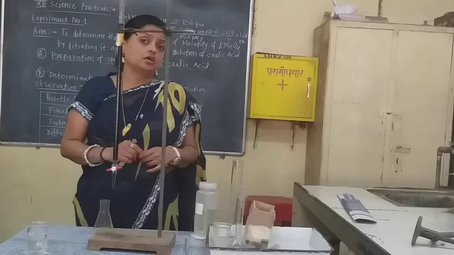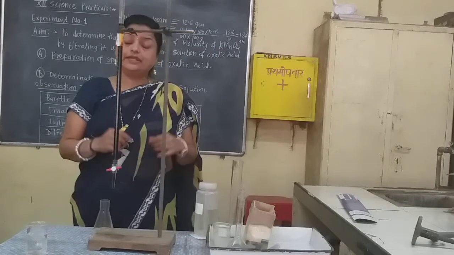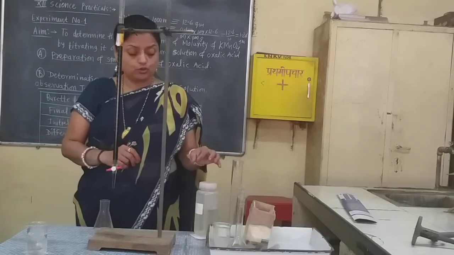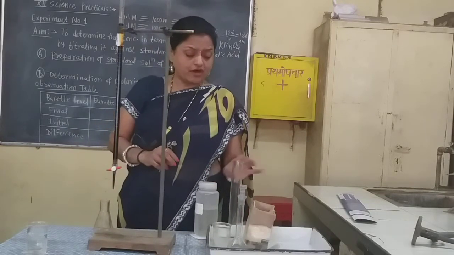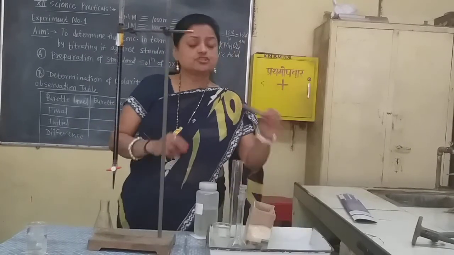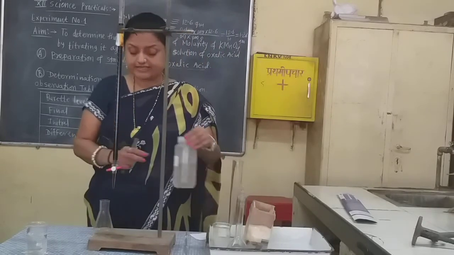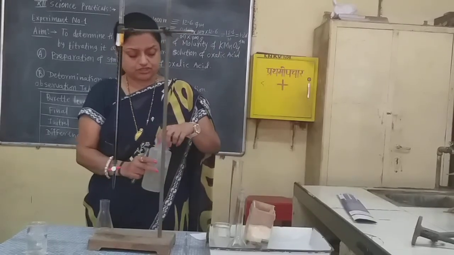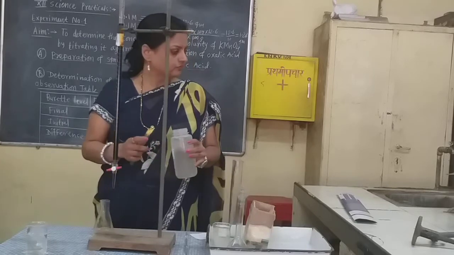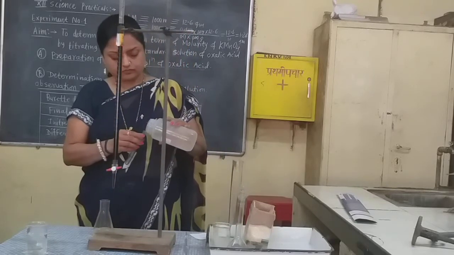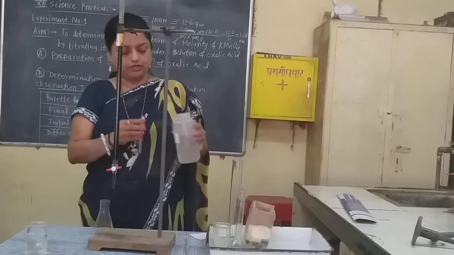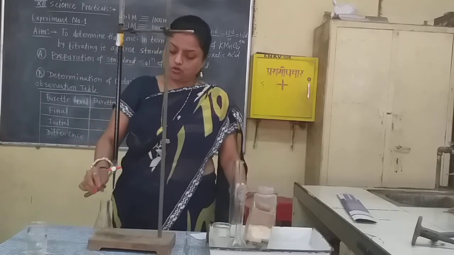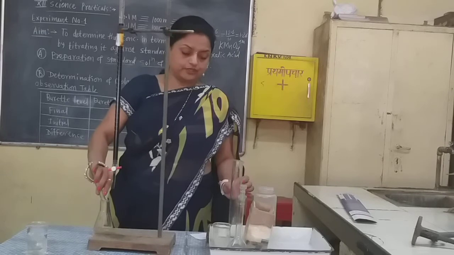To decolorize the oxalic acid, we first pour 1 test tube of dilute sulfuric acid into the conical flask.